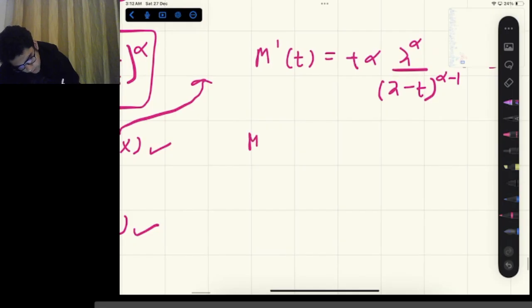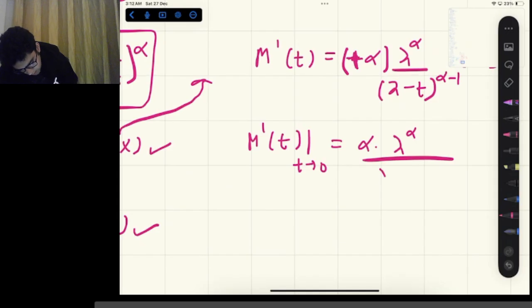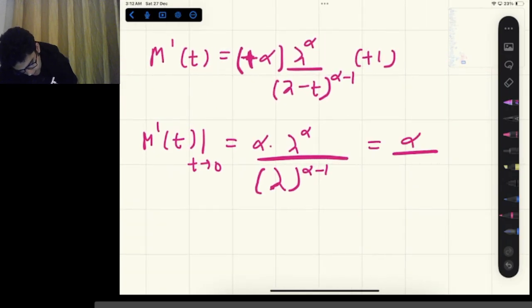So M dash t, where t is now tending to 0. This is alpha, positive alpha, not minus alpha. So this becomes alpha into lambda to the power alpha, and now t is going to 0, so I'm just substituting 0. So this becomes lambda to the power alpha minus 1, and I get finally alpha upon lambda.